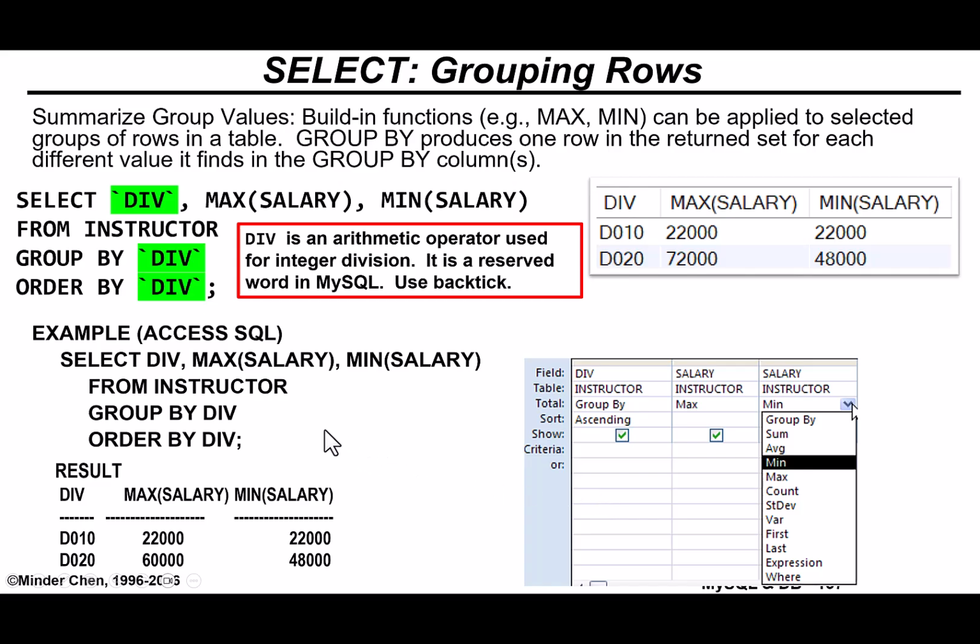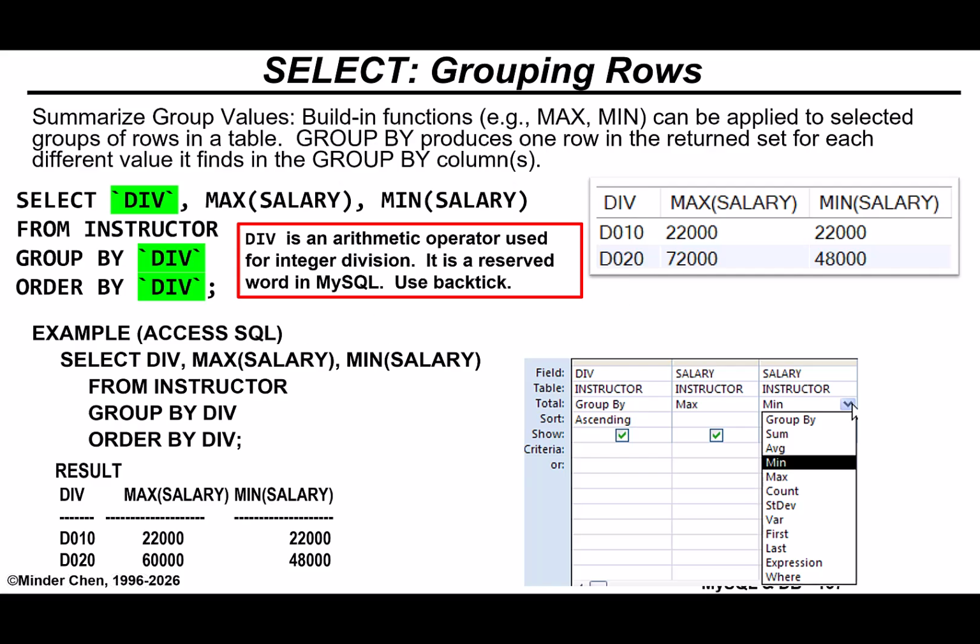And when you do group by, although you group, for instance, by the division, it does not guarantee the result is sorted by the division. The result like this may give us the impression it's sorted by the division. That's not guaranteed.